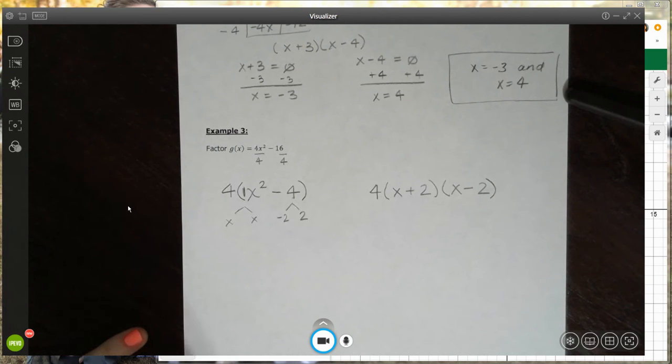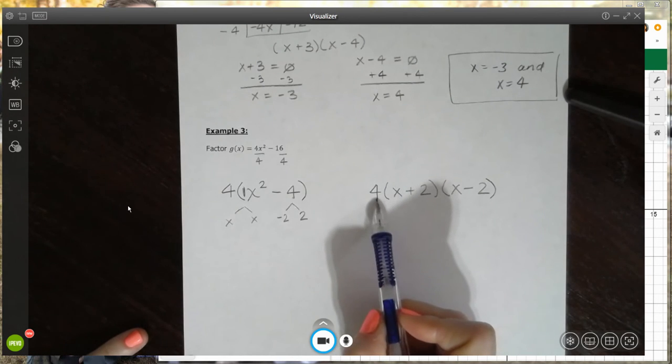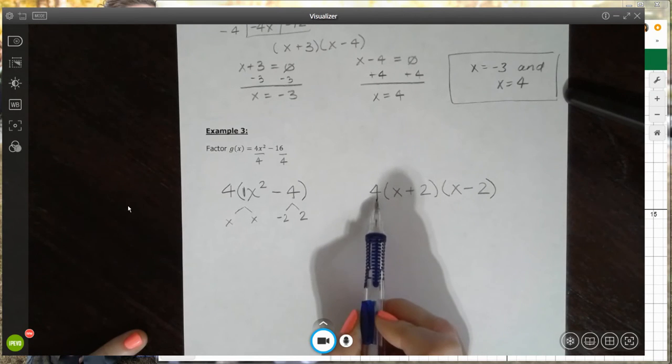There will be times when I have a greatest common factor that I need to deal with first, which will go outside of the parentheses, like we've done in all of our other factoring questions up to this point. The only time I worry about dealing with setting this factor equal to 0 is if it has a variable attached.